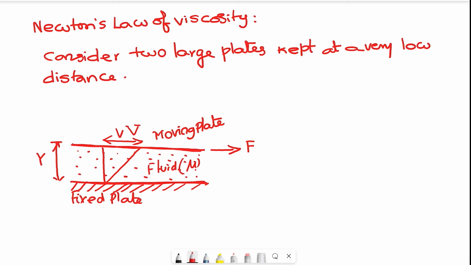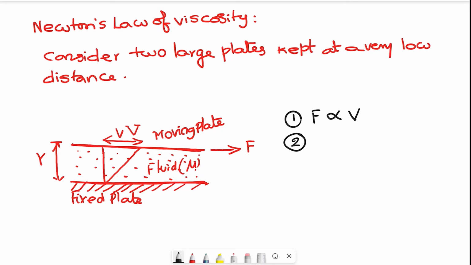So what are the observations? The first observation is the force is proportional to velocity. That means the larger the force you use, the greater the velocity with which the plate moves. All of you can understand that. With more force we drag, with more velocity it moves.